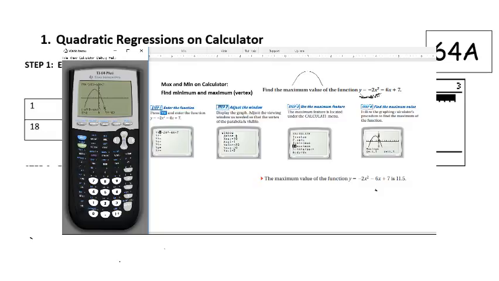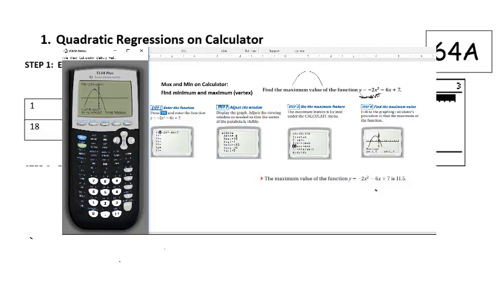Now on the graph, we're going to follow the directions of the calculator. It says find the left bound of your maximum point. If you can see, my cursor is blinking, and we're going to move that cursor to the left side of the maximum.